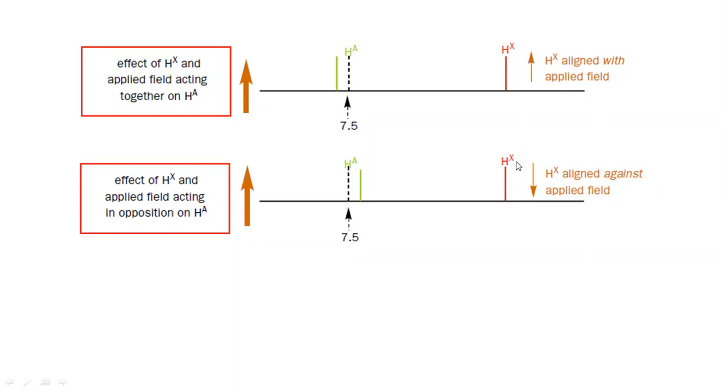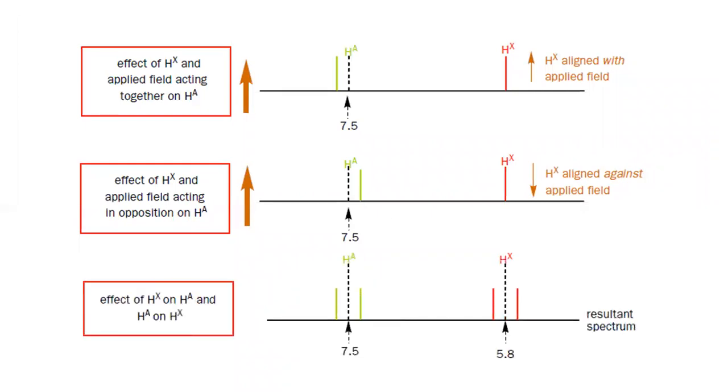While if this HX is aligned against the applied field, you see this arrow opposite, and this one upward, in alignment with and against. So the signal which was at 7.5 goes downfield. So two conditions are there. Let us go for the third condition.